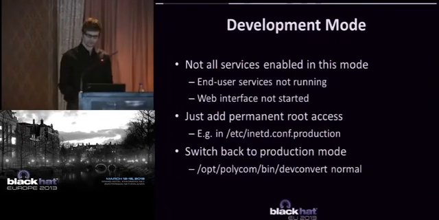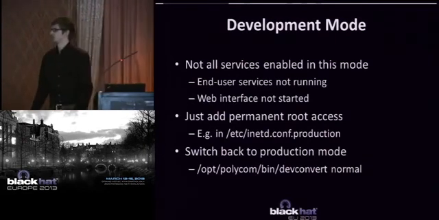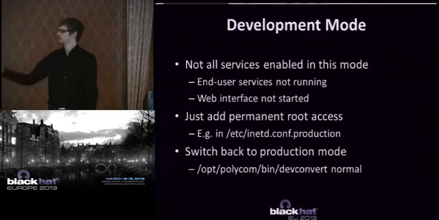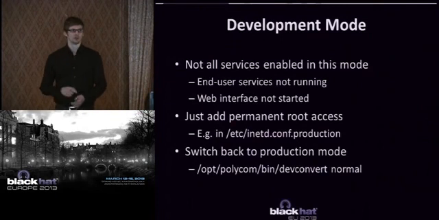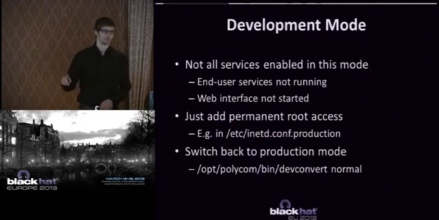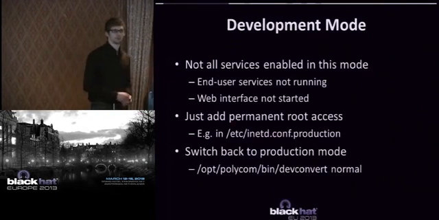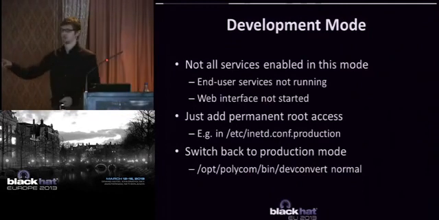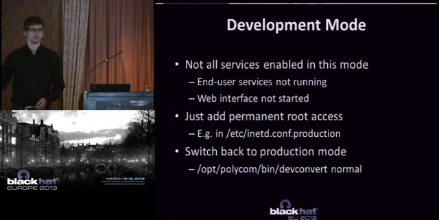Actually, to switch back to production mode, there's a convenient script lying on the device, called devconvert. So you just call devconvert normal, and the device will automatically reboot and boot in production mode again. And this script can also be used to do it the other way around.